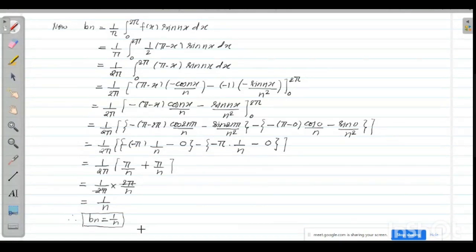Now substituting all the Fourier coefficients in equation number star. So let us move to the next page first.